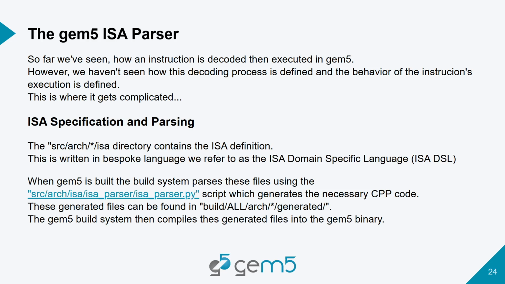That generates C++ code, which is then compiled in the standard way and linked into the gem5 binary like any other C++ code. That C++ code is what we saw before in that 100,000 line file. It is generated C++ code, and it is just compiled into the gem5 binary.